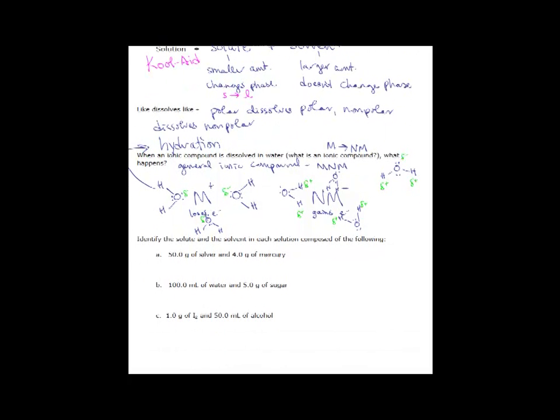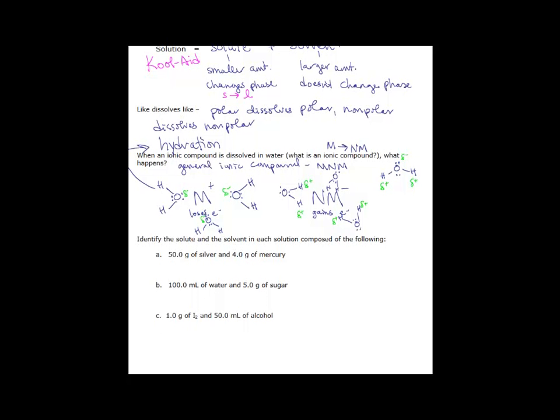Okay, so we talked about solutions. We're going to be talking about solutions quite a bit in Unit 5. For A, B, and C, I want you to identify the solute and solvent in each solution. So think about what we learned.